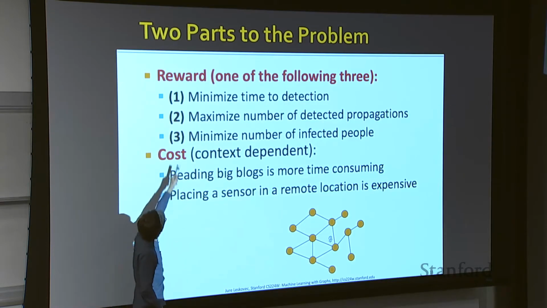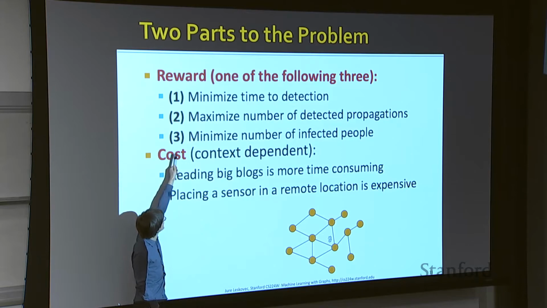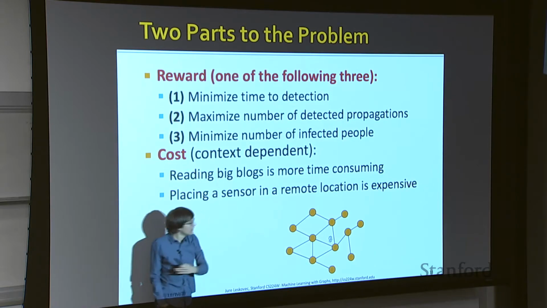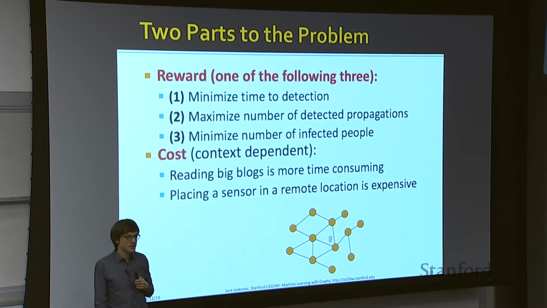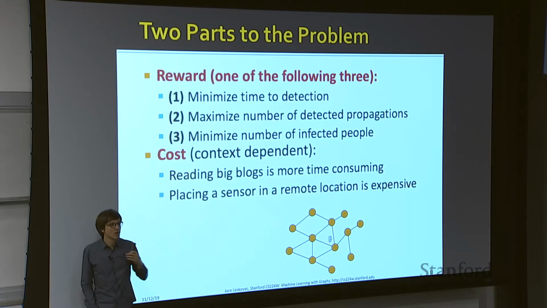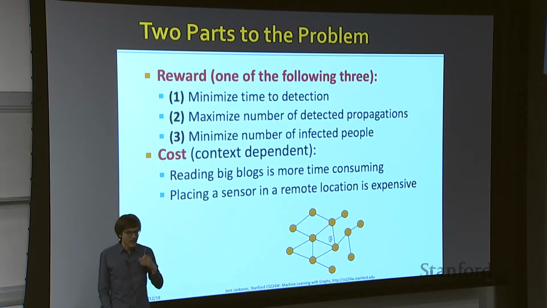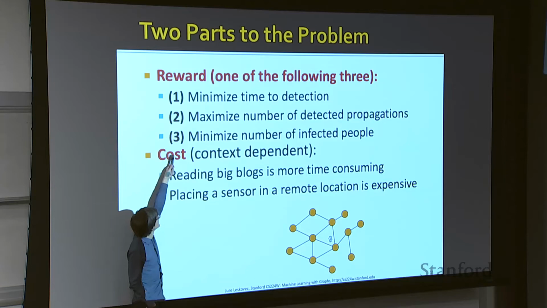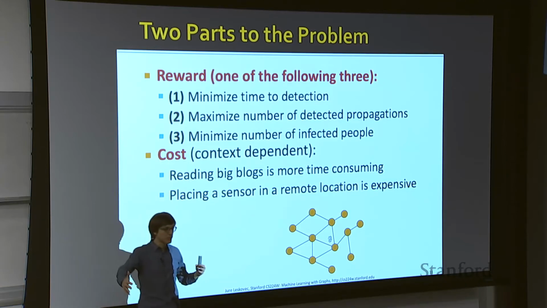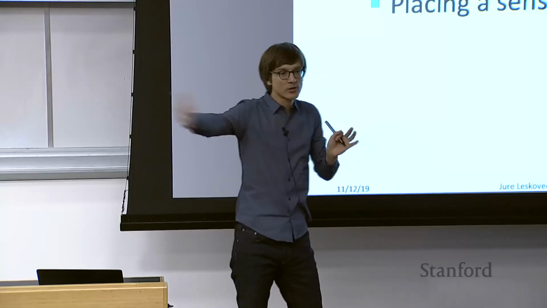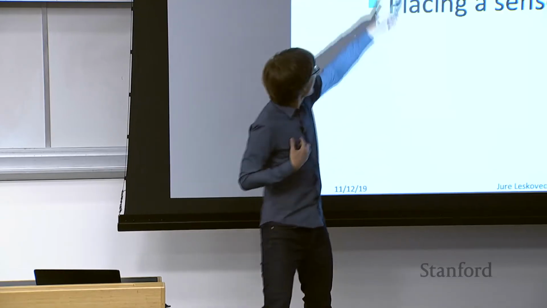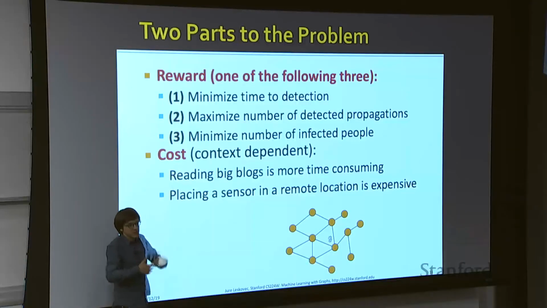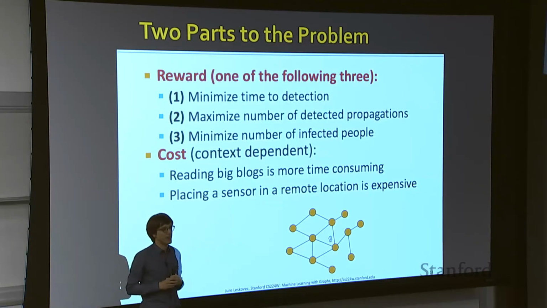And for example, maybe the most realistic one is number 3 that says, I want to minimize the number of infected people, right? So I want to minimize the number of people that get sick. So the idea here is that I want to detect big outbreaks quickly because I don't want too many people to get sick. And I'm fine to miss a small outbreak because it won't hurt too many people anyway, right?